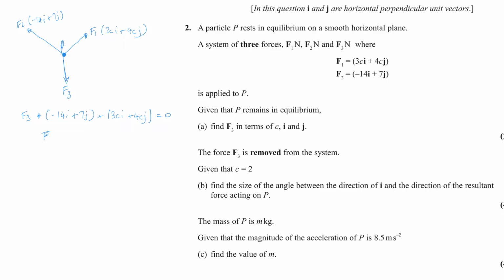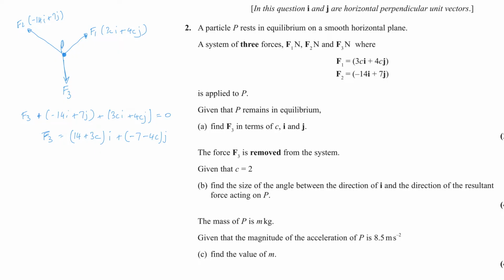So F3 will equal 14i plus 3ci, plus, well, it should be minus really, 7j minus 4cj, like so.